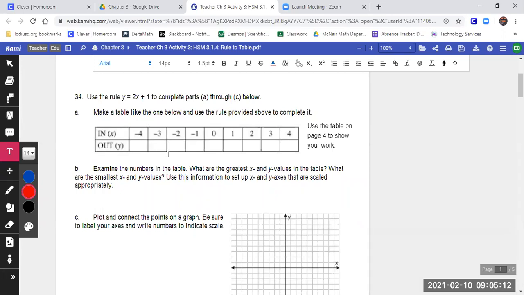Close it out. Everyone should be in the Google Classroom. They open the worksheet that we're working on. You scroll down to number 34.